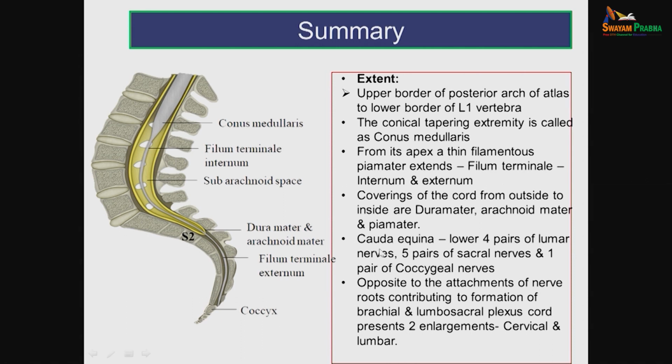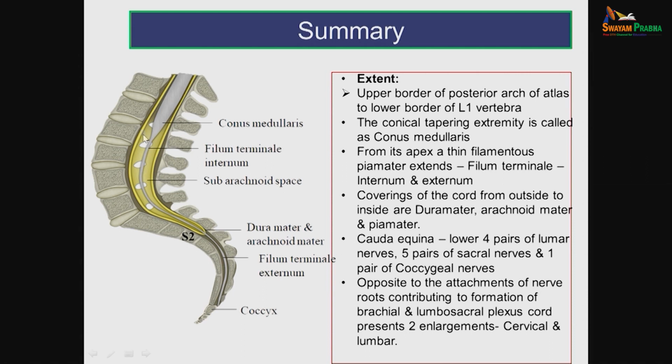As I already mentioned, the spinal cord extends from the upper border of the posterior arch of the atlas to the lower border of L1. The conical tapering extremity of the cord is called the conus medullaris. From the apex of the conus medullaris, a thin filamentous structure composed of pia mater extends. It is called the filum terminale.